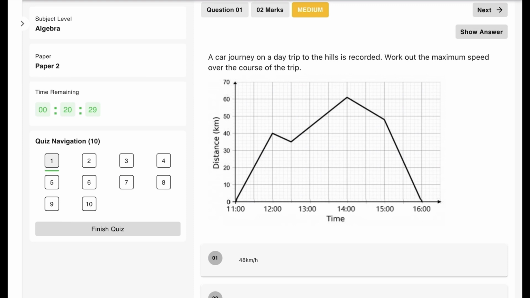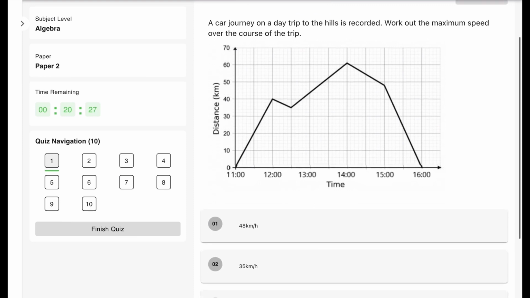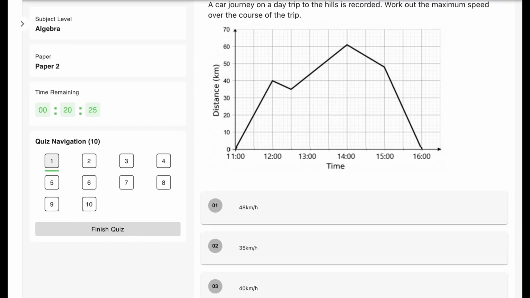All right. Moving on to some questions. A car journey on a trip to the hills is recorded. Work out the maximum speed over the course of the trip. This is a distance time graph and we know that speed is represented by the gradient or the slope of these graphs. If we can identify the steepest slope, that is going to be the maximum speed.